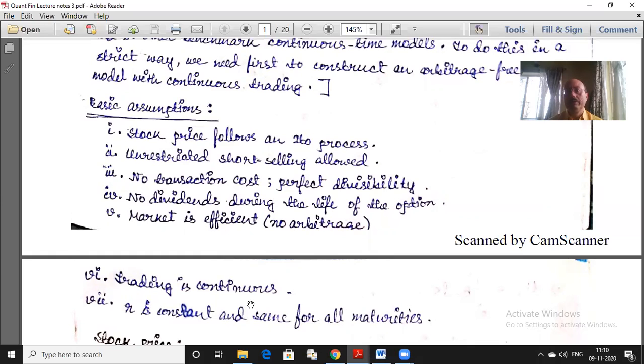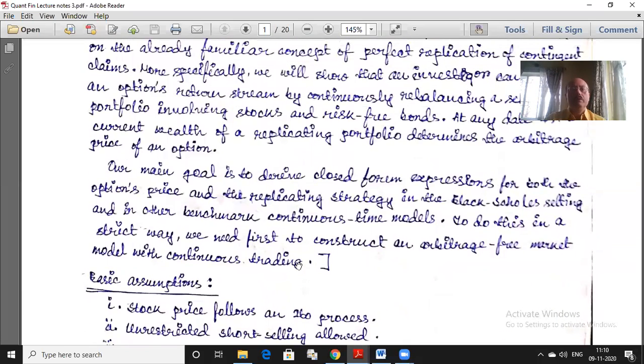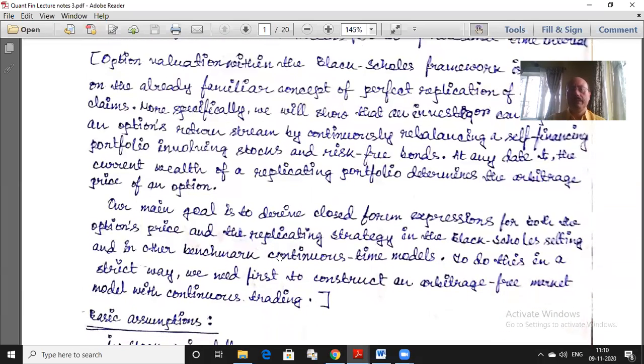You see, because I am working with the differential equation, so I need to know what kind of differentials I am allowed to use. So I guarantee myself that I can use any differential. There are no gaps. Okay, so there are some discussions written here, which you can go through later on if you want.